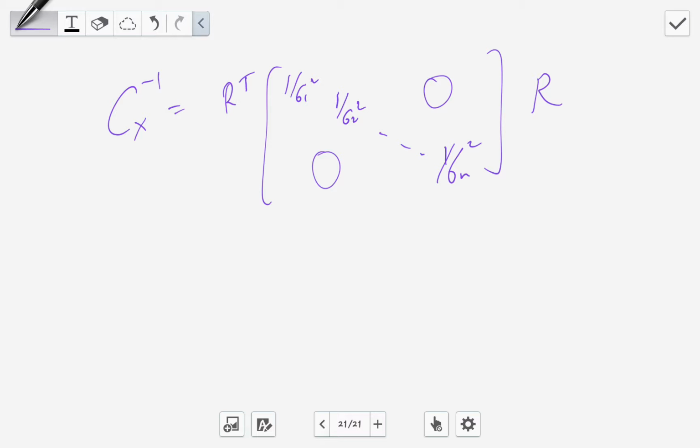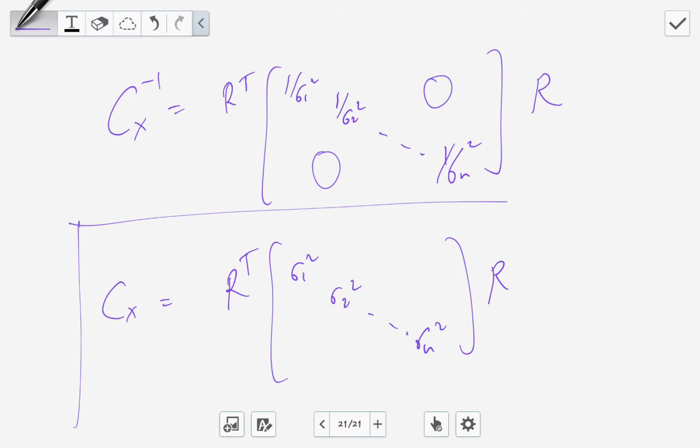The entire thing. So Cx will be what? This will be R, because this will be R transpose again, sigma 1 squared, sigma 2 squared, sigma n squared, R. Inverting. See, this is your covariance matrix.